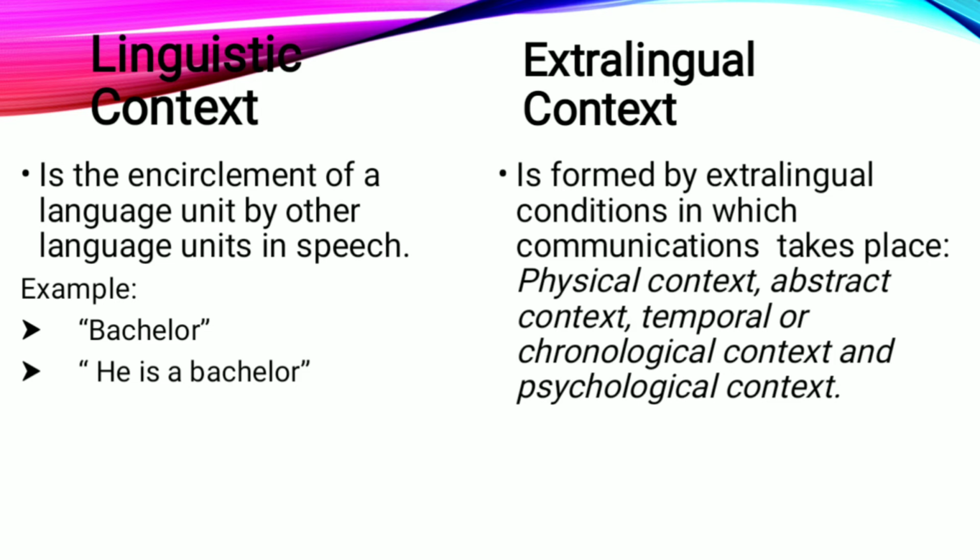When we say linguistic context, it refers to the encirclement of a language unit by other language units in a speech. In other words, linguistic context or verbal context refers to the linguistic environment in which a word is used within a text.